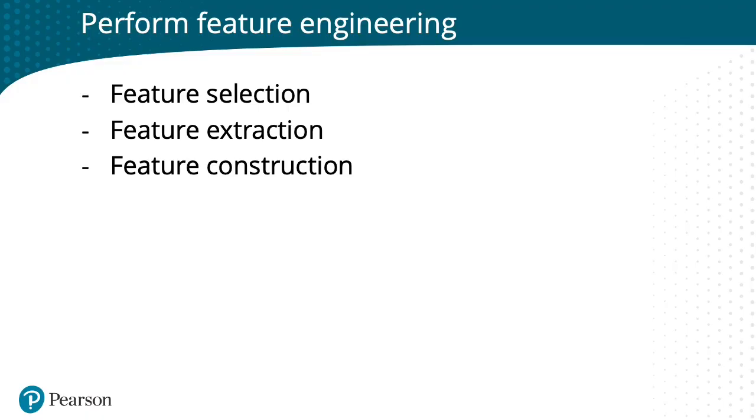And then finally, there's feature construction. Feature construction is when you take multiple features and you combine them in a meaningful way. Kind of like we talked about earlier with figuring out the number of times a product is ordered in a specific month.